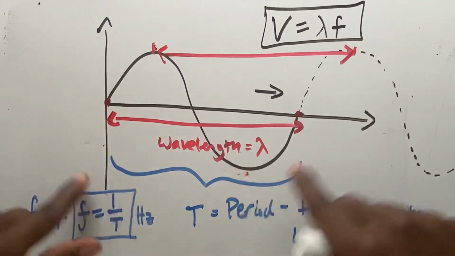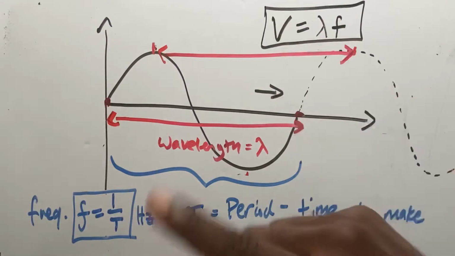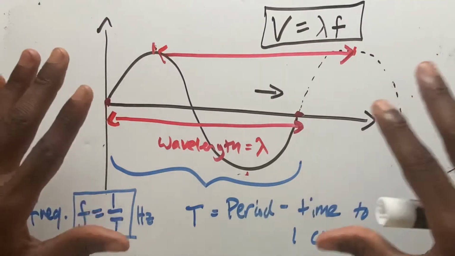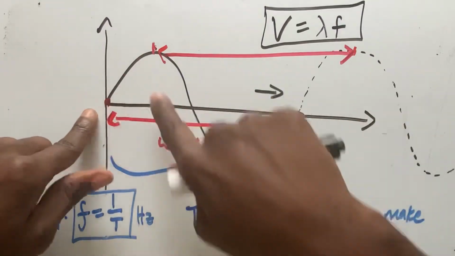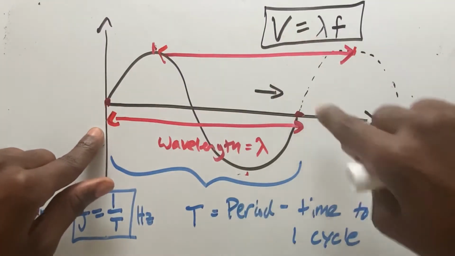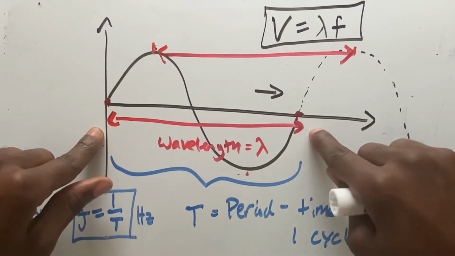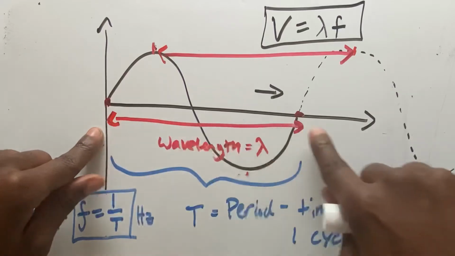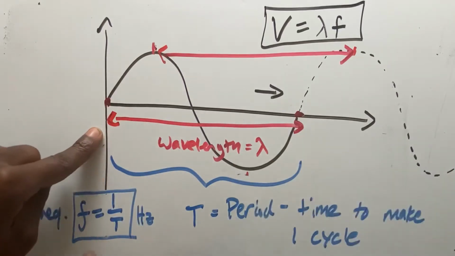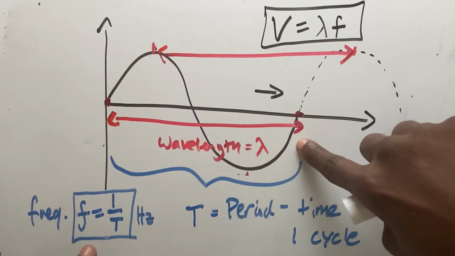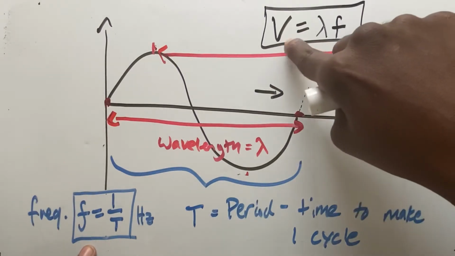I'm going to be reiterating this equation more and more as I go through the lecture, just to give you a base idea: this is our wave, and it has some wavelength and some velocity. If we know the period, or how long it takes to go through one wavelength, then we can find the frequency. Once we know the frequency and the wavelength, we can find the speed of this wave.